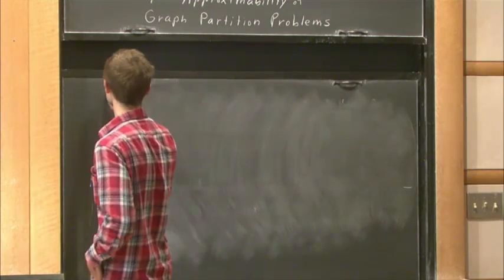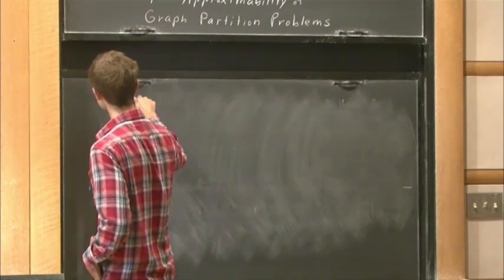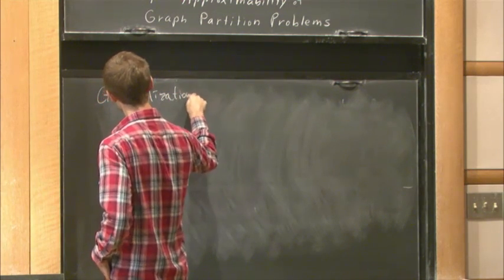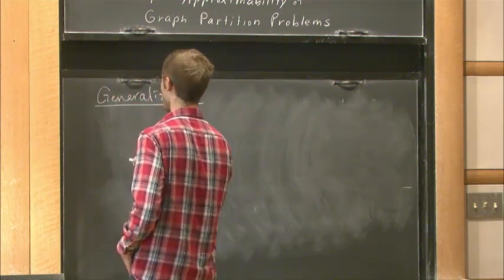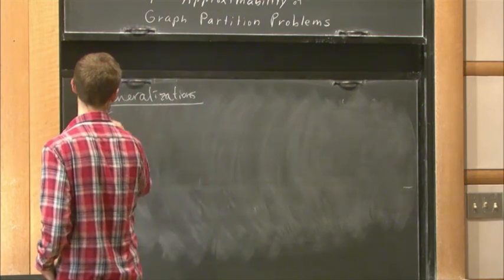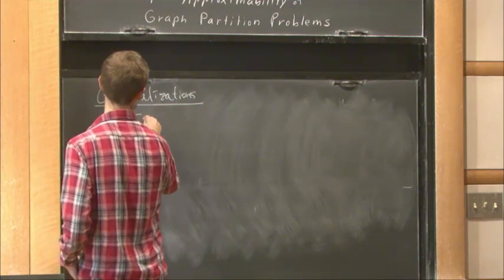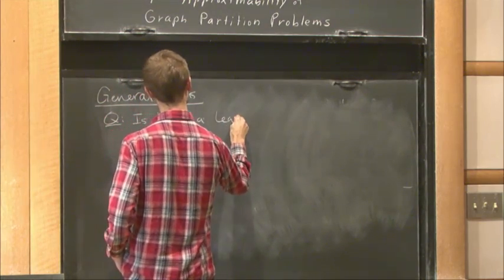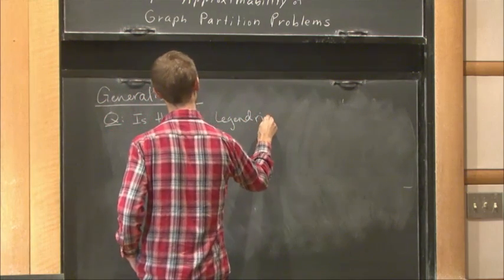All right, so some generalizations of this that I've been considering. Focus mainly on the following questions. So, is there a Legendrian obstruction?